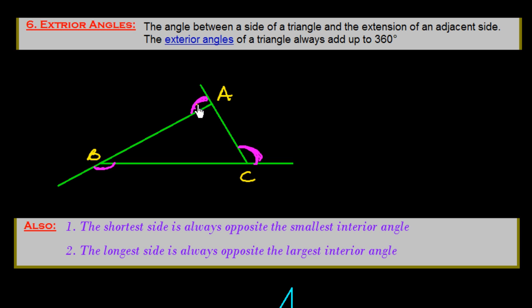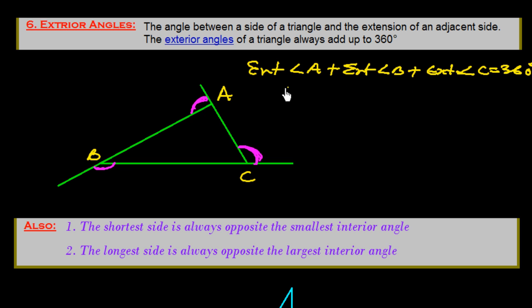This is the exterior angle at A. Exterior angle A plus exterior angle B plus exterior angle C is equal to 360 degrees. So this is the way to find it out. Exterior angle A plus exterior angle B plus exterior angle C always add up to 360 degrees in any sort of triangle.